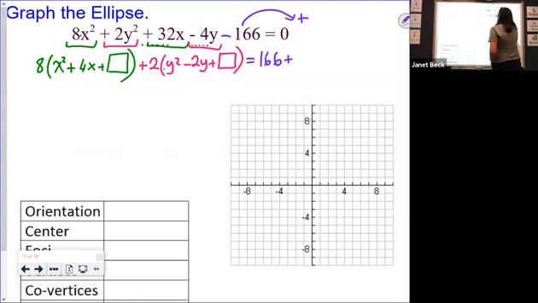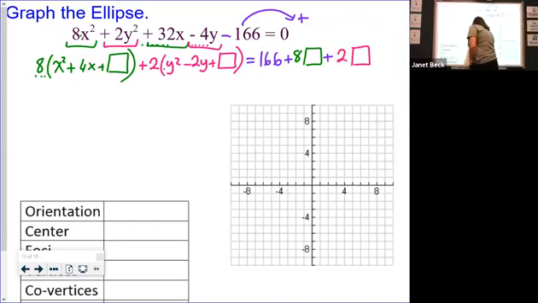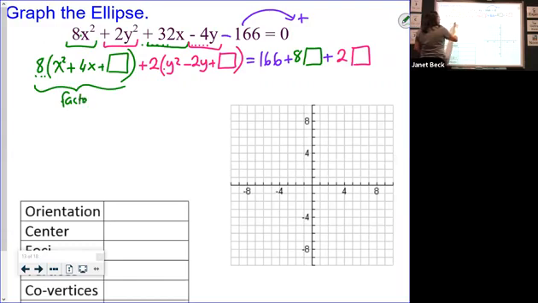But on this other side, I'm also going to have to add in those boxes. And we didn't just have one green box, we had 8 of them. And we didn't just have one red box, we had 2 of them. Okay, so now I'm going to factor and complete the square.